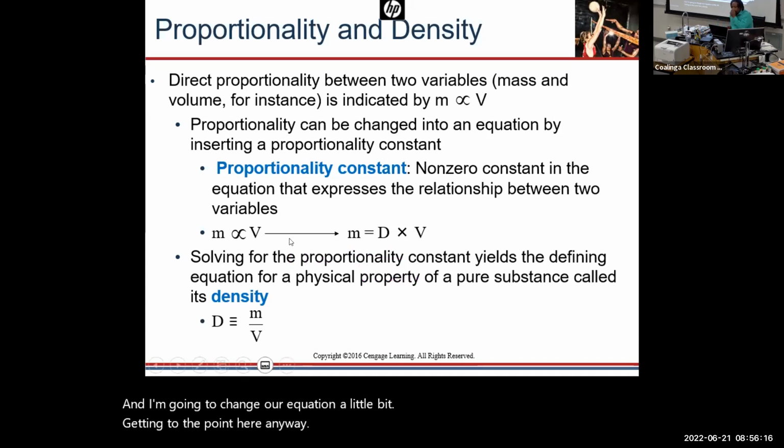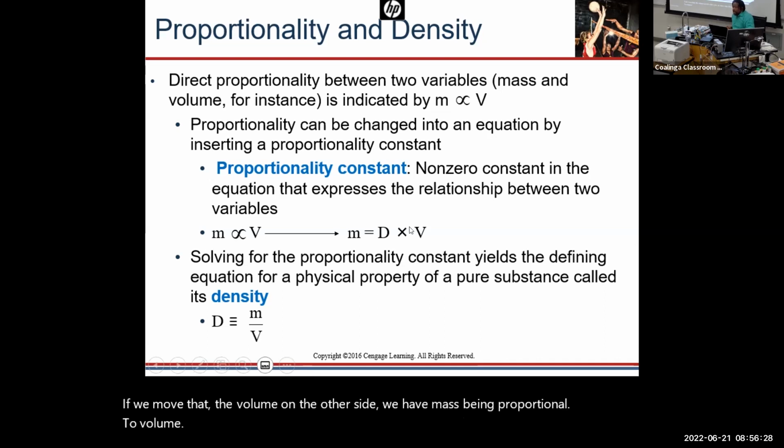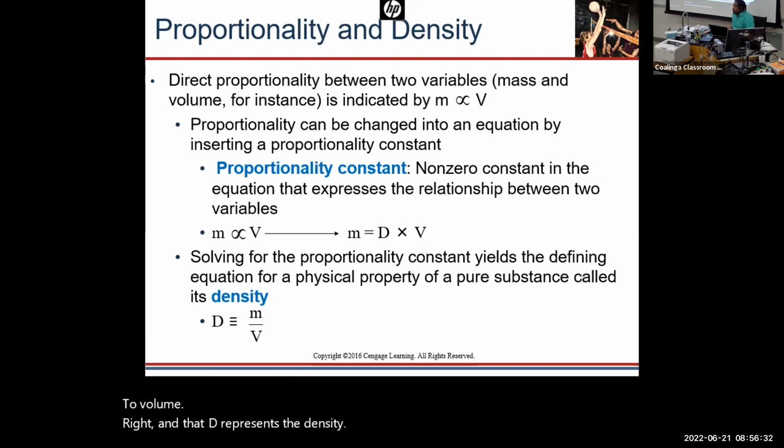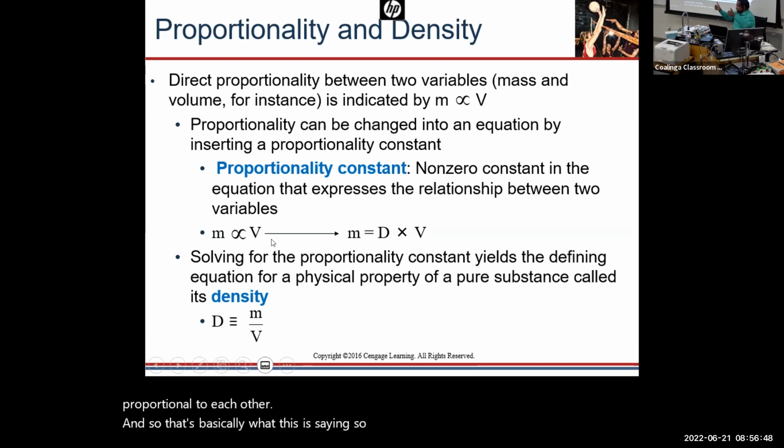Okay, so if we move the volume to the other side, we have mass being proportional to volume. And that D represents the density. Okay, so if my volume goes up, then my mass is going to have to go up to counteract it. They're going to be directly proportional to each other. So as one goes up, the other one has to go up.